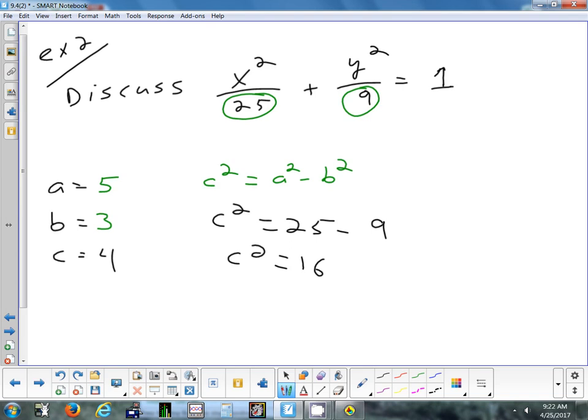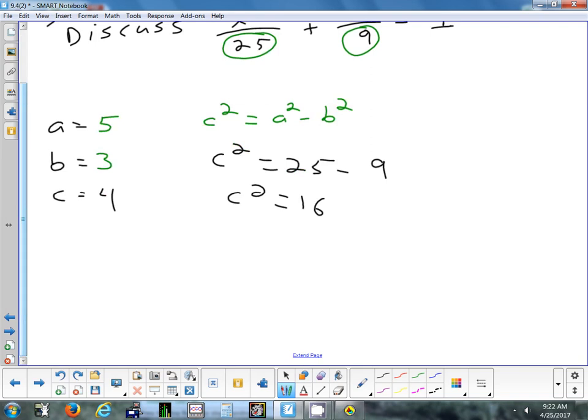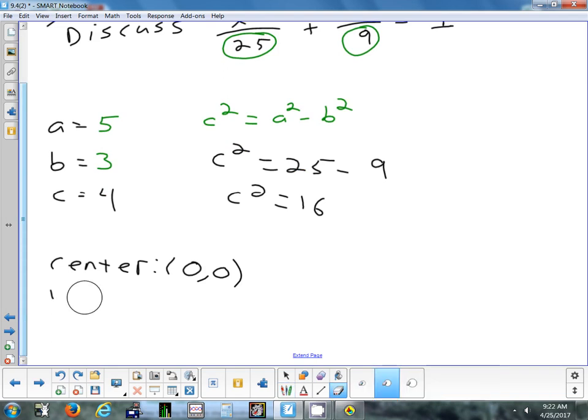Okay. All right, so now let's write down everything. Just like we did yesterday, we haven't done any shifting yet. So where is the center right now? 0, 0. It's 0, 0. Let's do the vertices. Actually, you know what? Let's do the foci next. It doesn't really matter.